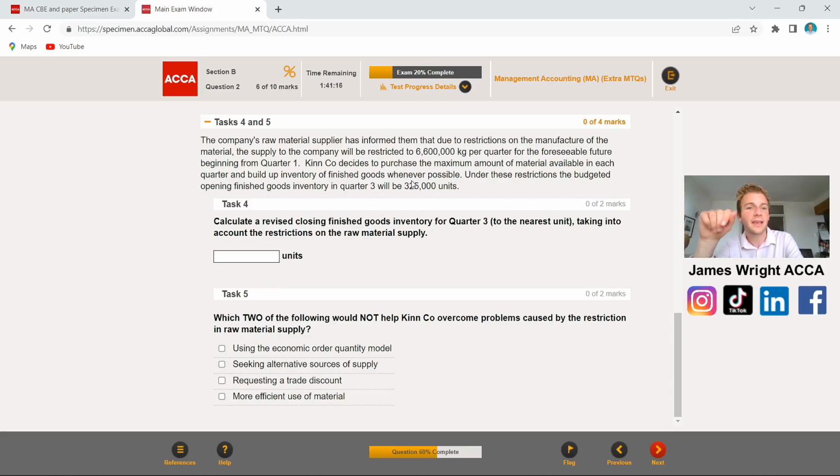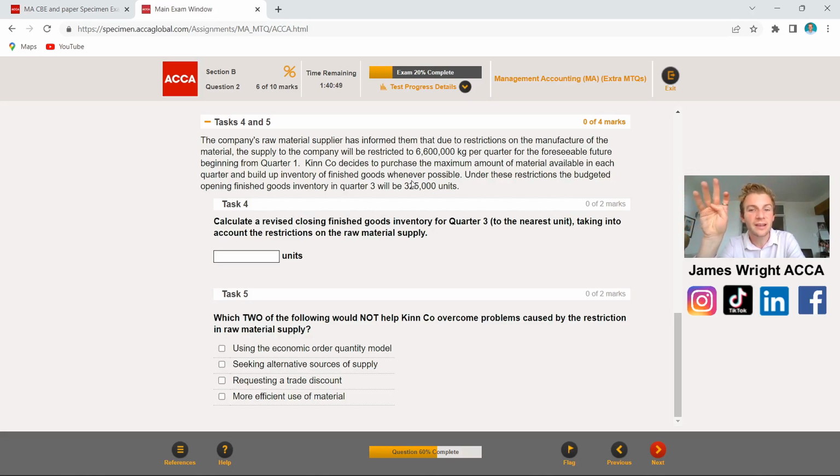So something is happening in this paragraph to restrict what we were talking about before. So the company's raw material supplier has informed them that due to restrictions on the manufacture of the material, the supply of the company would be restricted to 6.6 million kilograms per quarter. So per quarter, so quarter 1, 2, 3 and 4 for the foreseeable beginning from quarter 1.